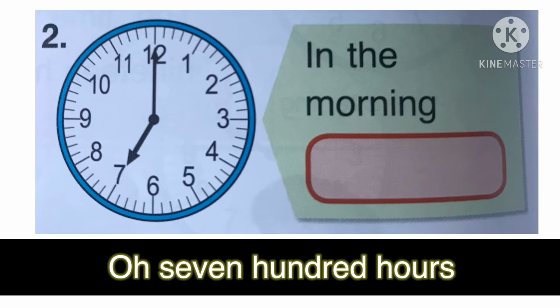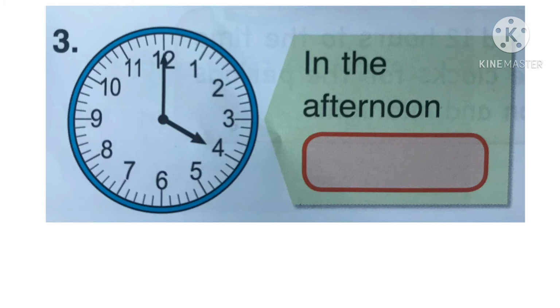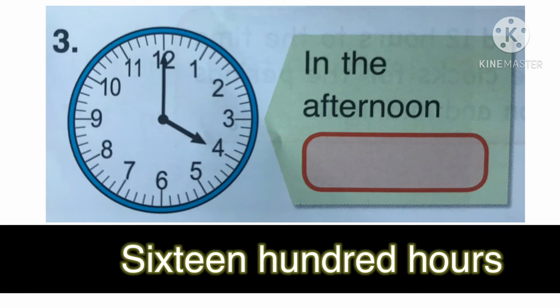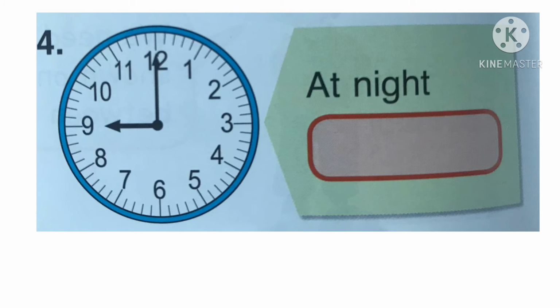It's 0700 hours. Number 3, in the afternoon, what is the time? It's 1600 hours.